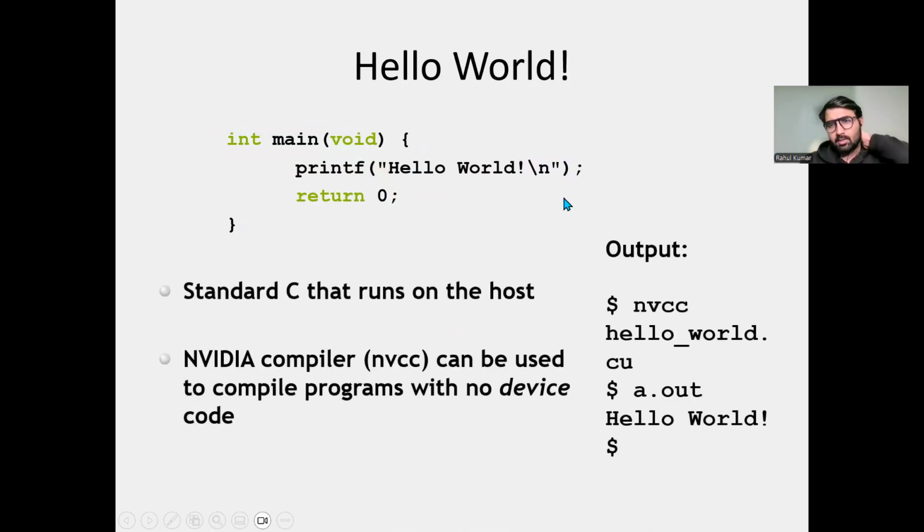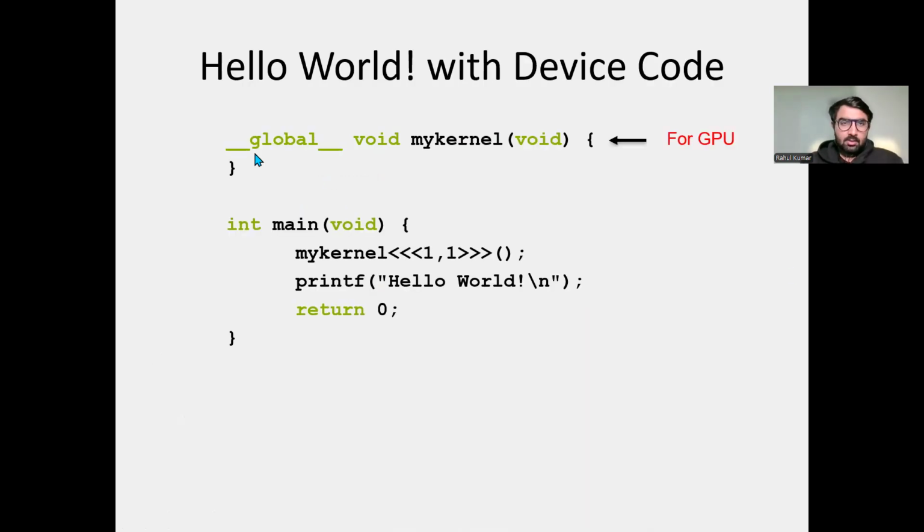A simple example is printing a hello world, and the compiler that we are using is the NVIDIA compiler, NVCC, and you will require the CUDA module for that. I will talk about this later. To define a function that runs on GPU, you need to define it like this: global void.